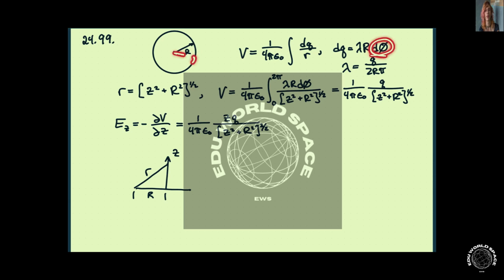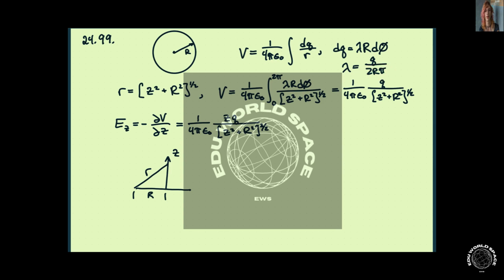That's the radius times the differential angle. We also know that lambda is uniform, so it's the total charge divided by 2 pi r. This is the circumference.